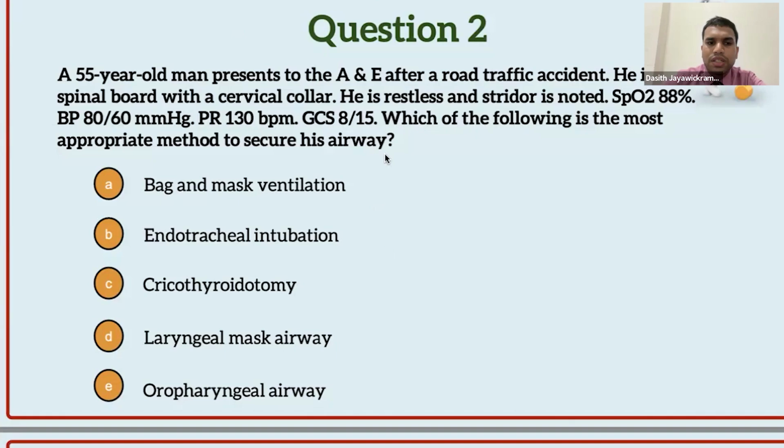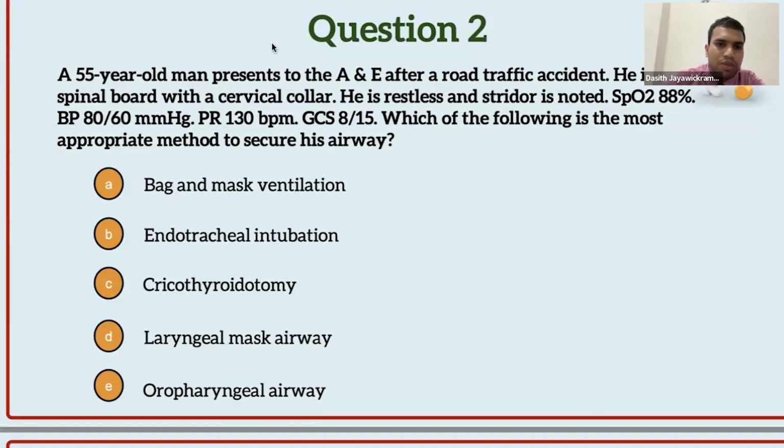They have suspected cervical injury and they have put a cervical collar. That is true. But this being an indication for a permanent airway, even with the cervical collar, we can open it, manually stabilize the head and the cervical spine, and then put a permanent airway. So that is not a contraindication.